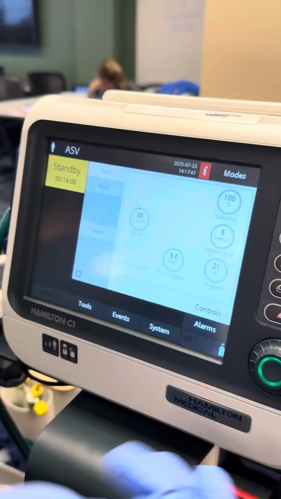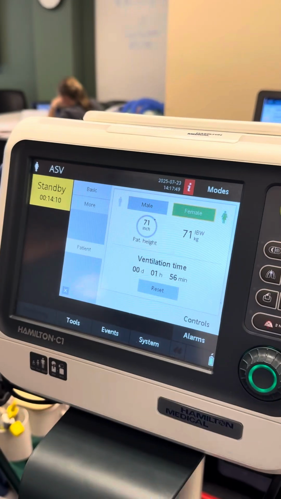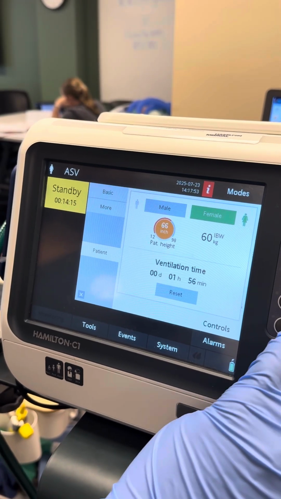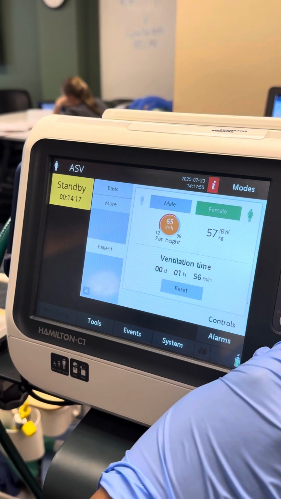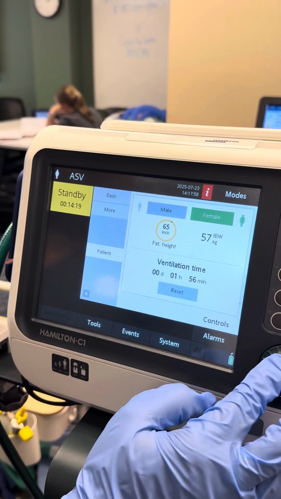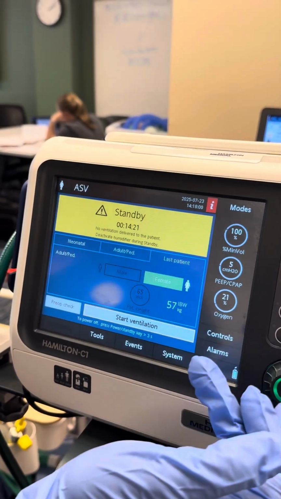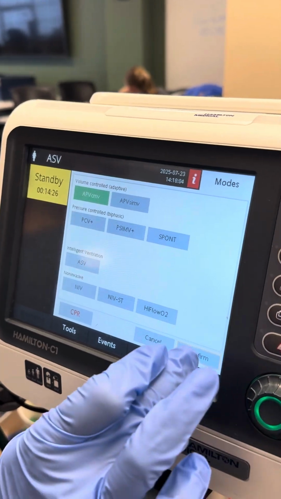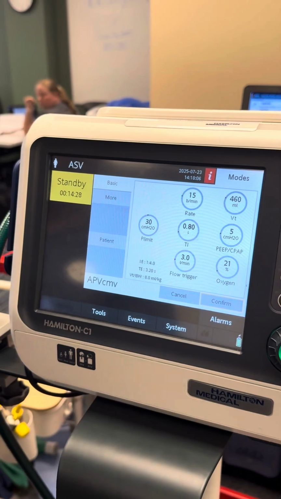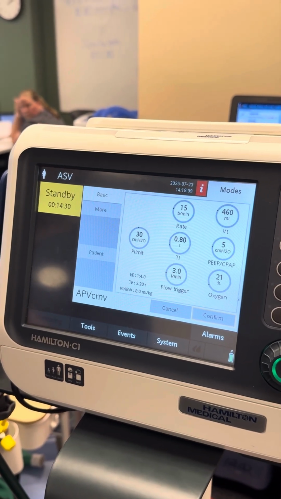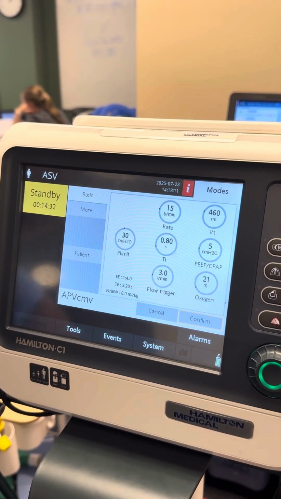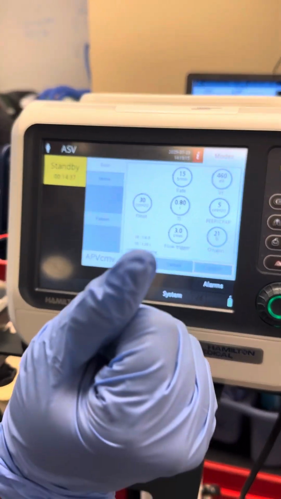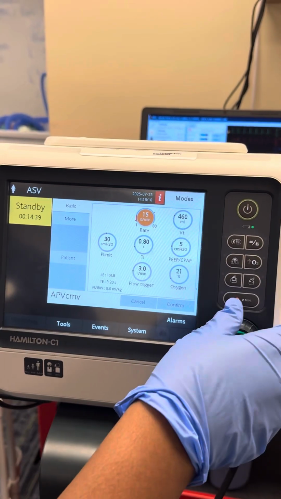Okay, so controls, female, patient is 65 inches, and then I'm going to go to mode, APV, CMV. Patient's rate is going to be 12.